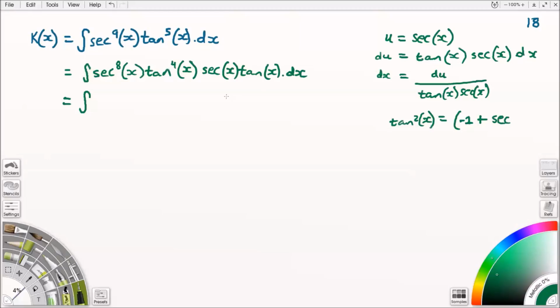Yeah, well, we would want it to be secant of x. No, that's wrong. It was secant squared x. And now we can actually substitute, well, here's how we can get tan squared x.